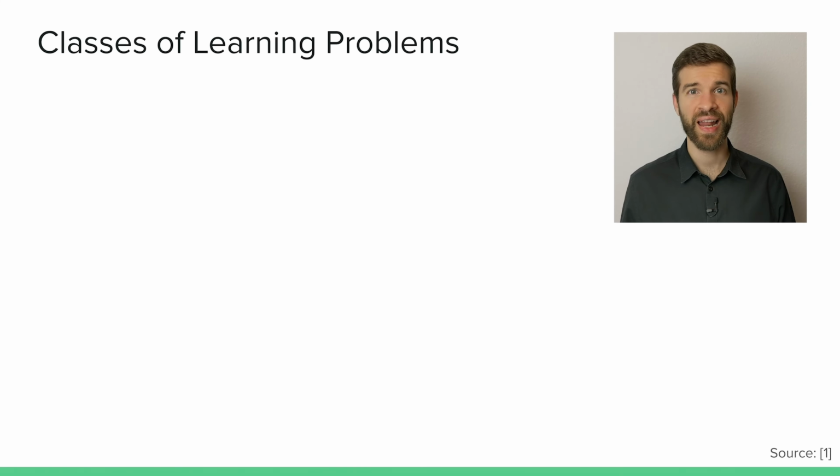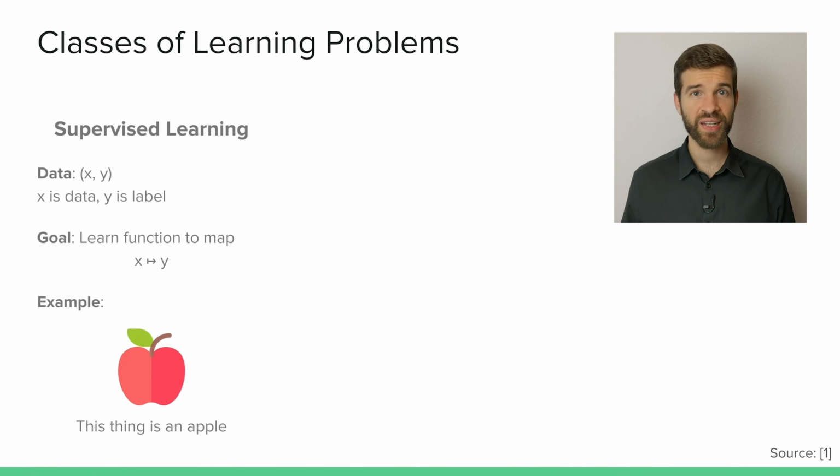There are a bunch of classes of learning problems. Some of them we've already talked about before. The first class of learning problems is so-called supervised learning, which is what we've done most of the time so far. Whenever we're doing image classification or object detection, what we have is our data, which consists of the input itself, X, and the target label Y, which we want to map to.